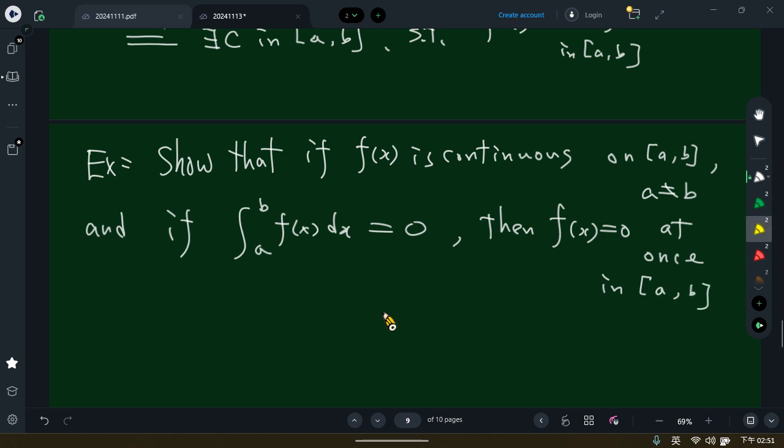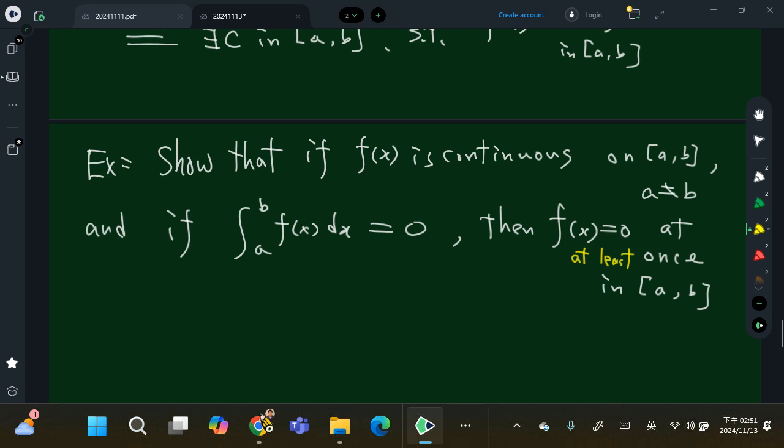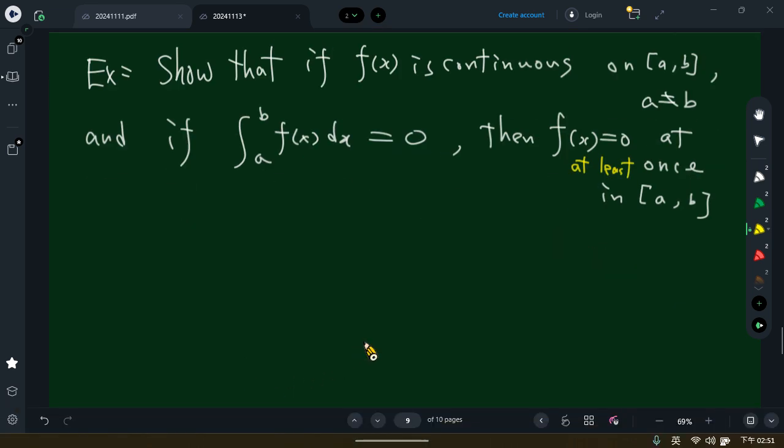Actually, we should say it happens at least once, because we may possibly find many points whose function value is equal to the average value.